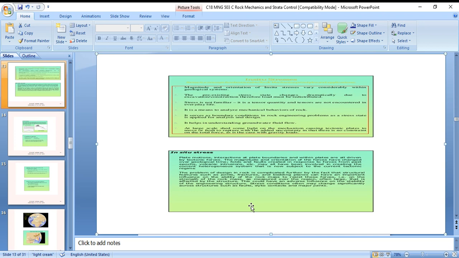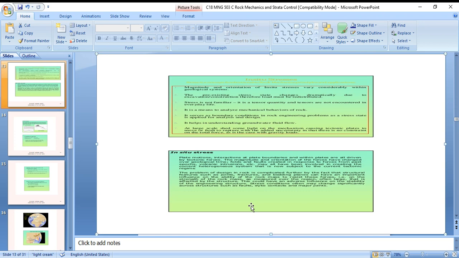The plates' motion and interaction at the plate boundaries and within the plates are driven by tectonic forces. The magnitude and orientation of the forces have changed over geological time, and faults were created in response to forces from the past.